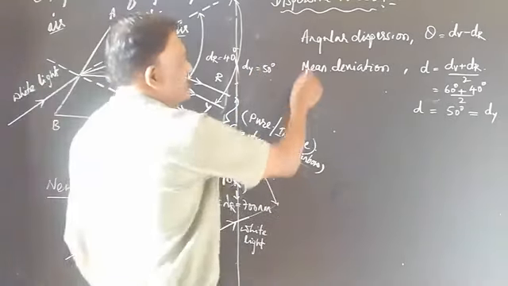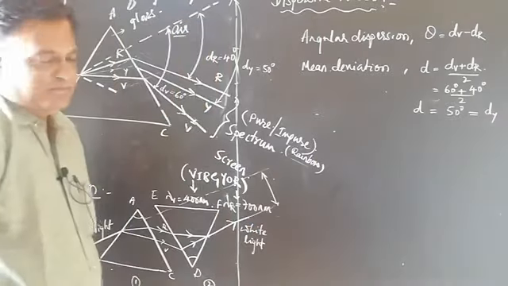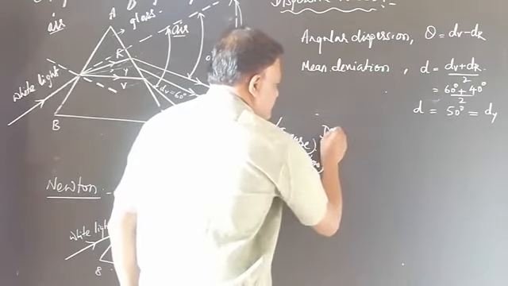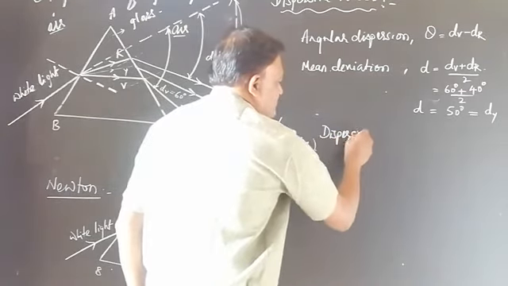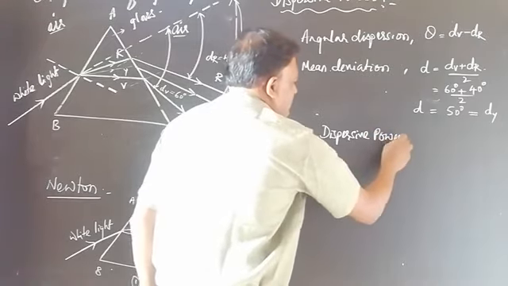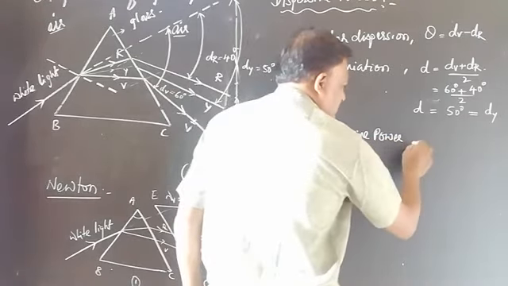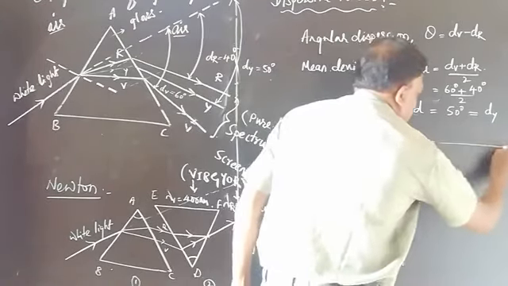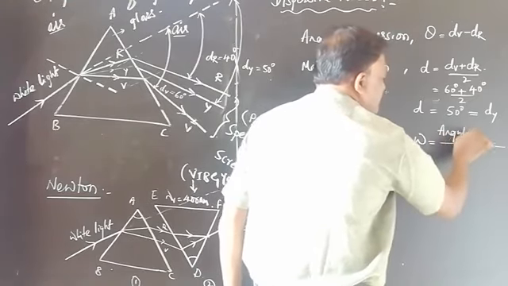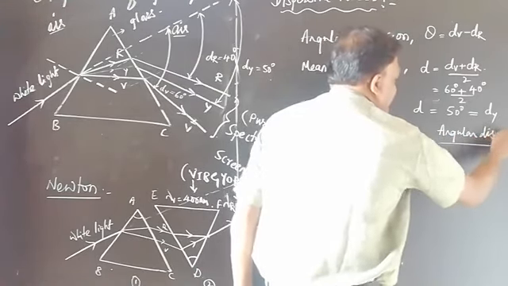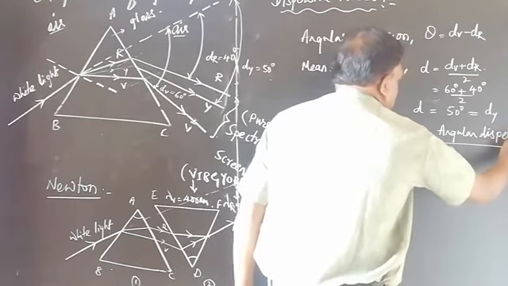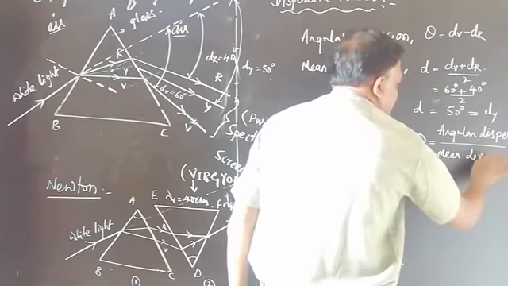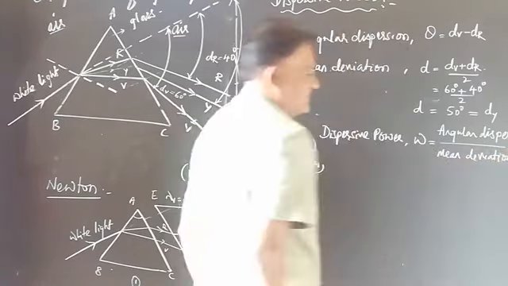Thereby we discuss the dispersive power of the prism. Prism acts as a dispersing agent. That's why the dispersive power of the given prism is given by omega, equal to the ratio of angular dispersion to the mean deviation.